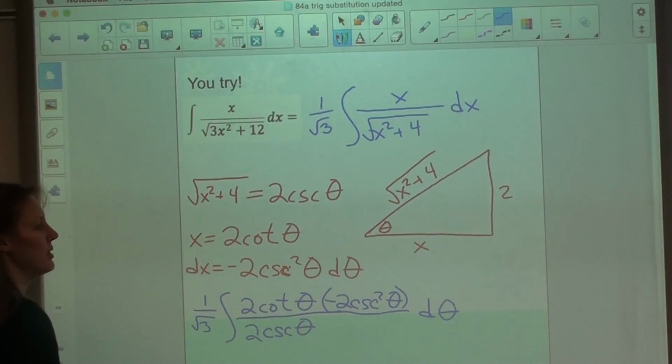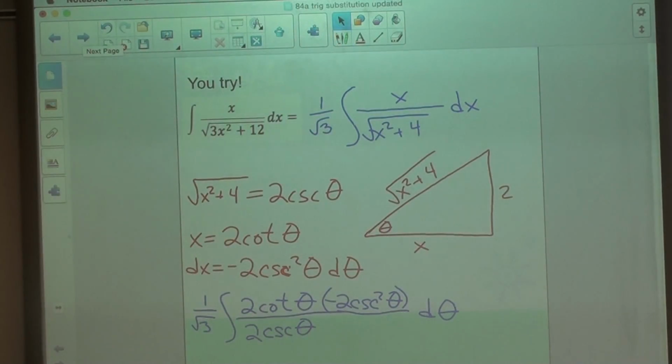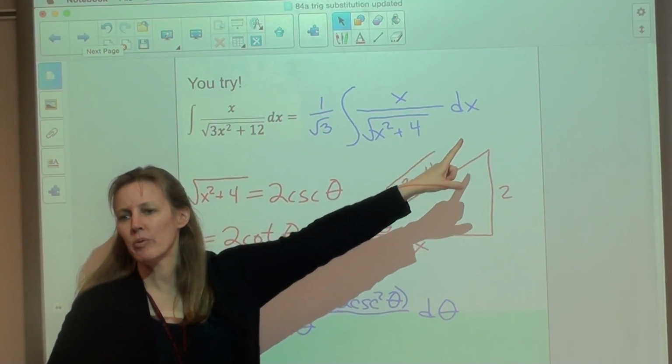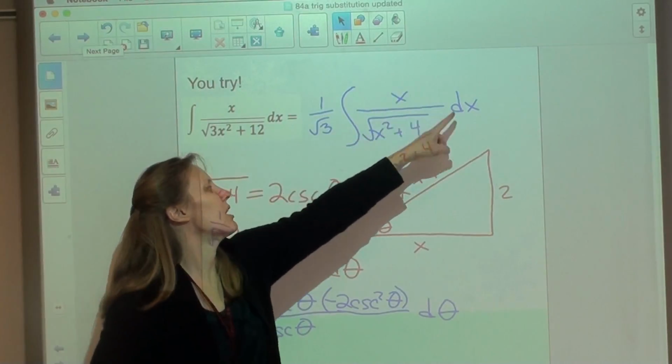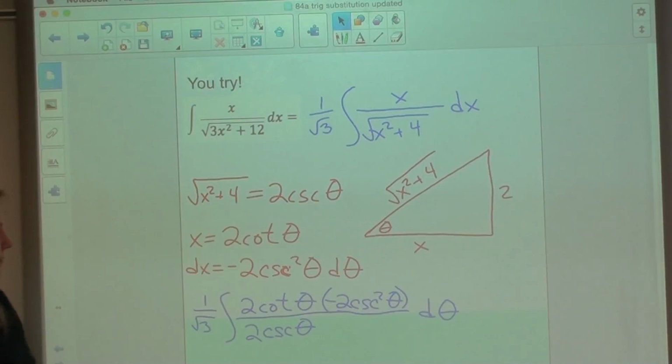One of the most important things, the one thing that I saw a lot during 3rd period was people forgetting to replace the dx, right? So make sure you remember that you've got to replace everything in here, the x, the root, and the dx all have to be accounted for, right?